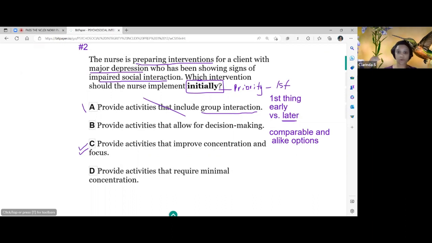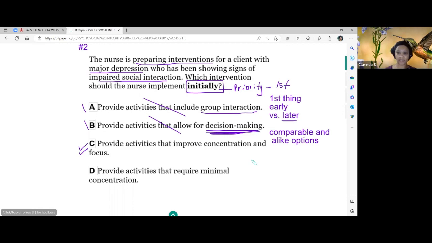So what you want to do is go back to your facts. Major depression, initially: will I be encouraging activities that will allow them to make decisions? Is this a good time for them to make decisions? Very good. Eliminate B. All right. Awesome. So initially, not a good thing for them to do.